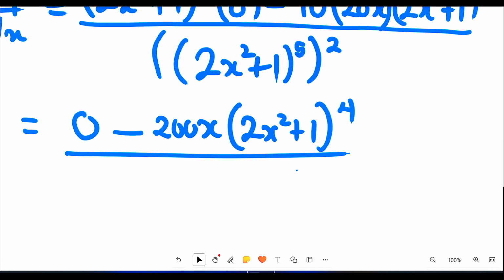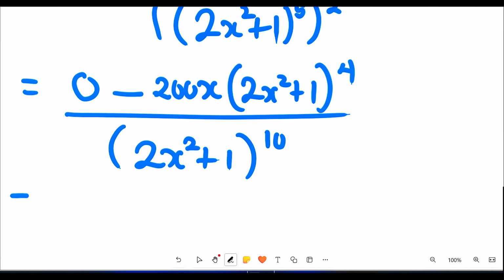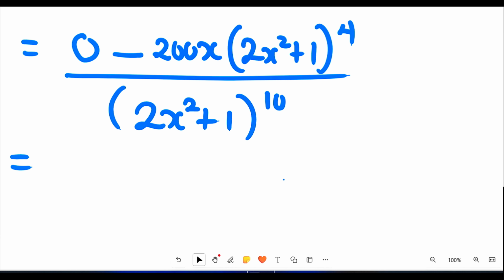So the powers will multiply each other. So we are going to get (2x squared plus 1) raised to the power 10. All right. So we continue to simplify. So we are going to get 0 minus the expression after the negative sign will give us negative of that statement.